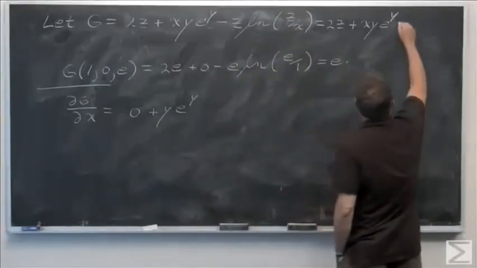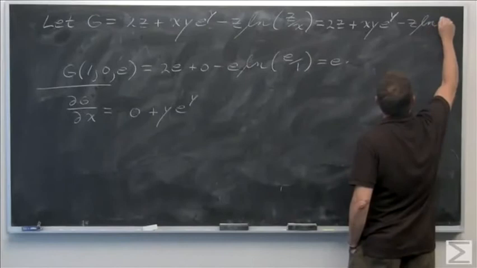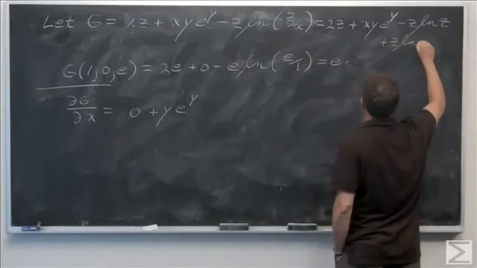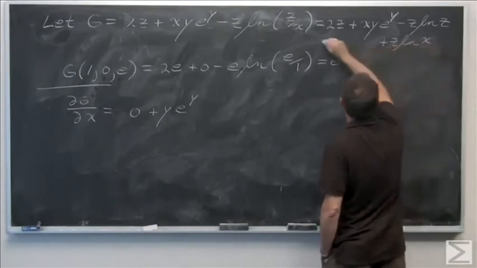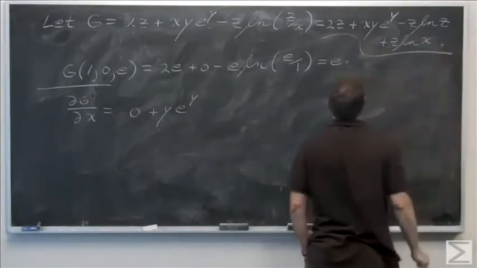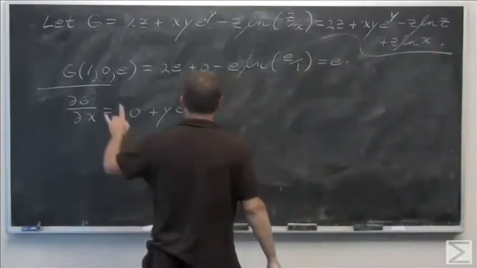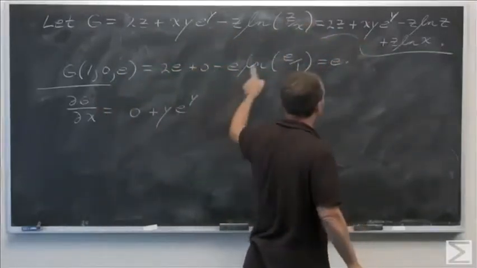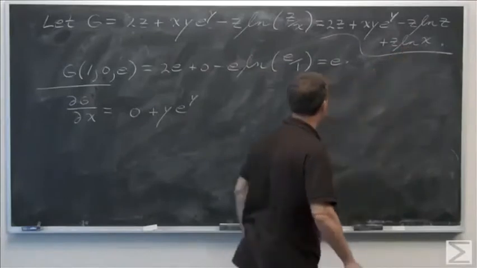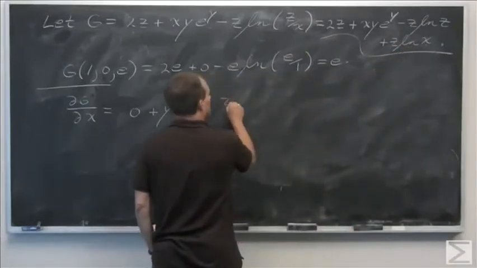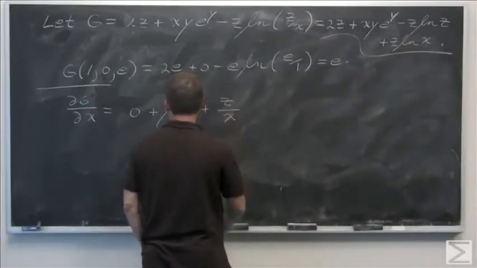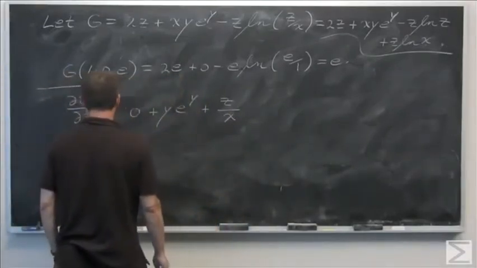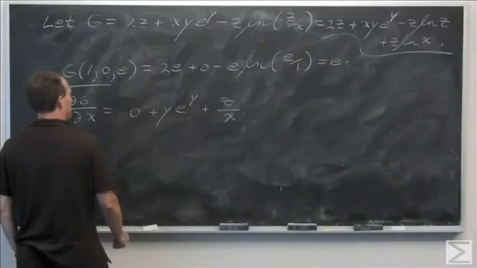So we get minus z natural log of z plus z times the natural log of x. So that's a little easier to take the partial derivatives with respect to. Partial derivative with respect to x, we get a y e to the y, and then here you get a plus z over x.